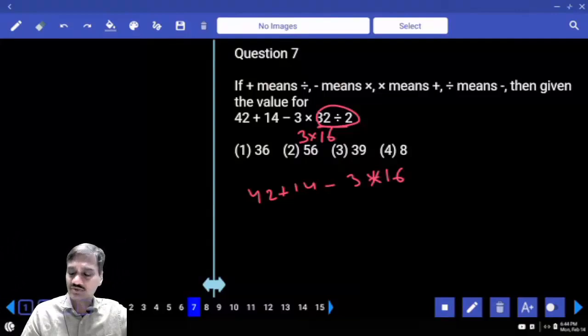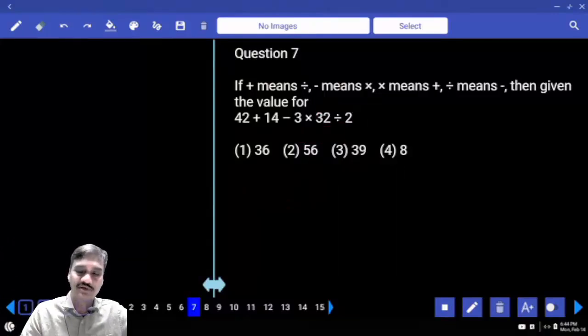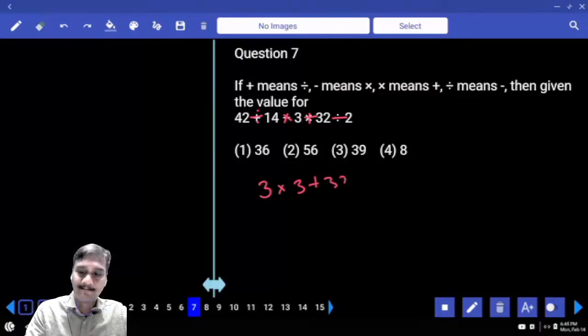Now above, the symbols were given. Now we need to replace the symbols. First we need to replace the symbols here. Minus stands for into, into stands for plus, and division stands for minus. Then in this one, 42 divided by 14 is how much? 3 into 3 plus 32 minus 2.